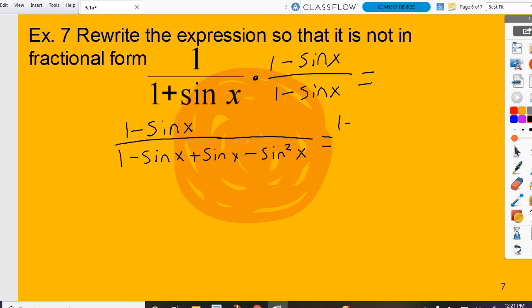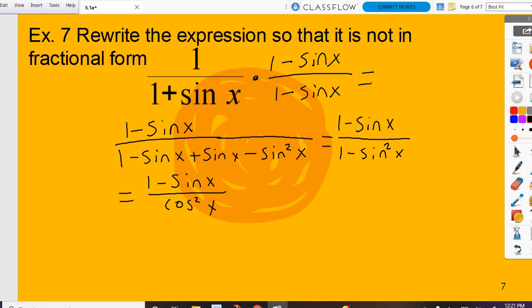So we just have a 1 minus sine of x on top. We have a 1 minus sine squared on bottom. But what does 1 minus sine squared equal? It just equals cosine squared, using our Pythagorean identity.